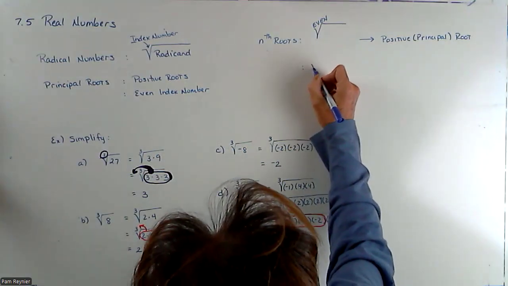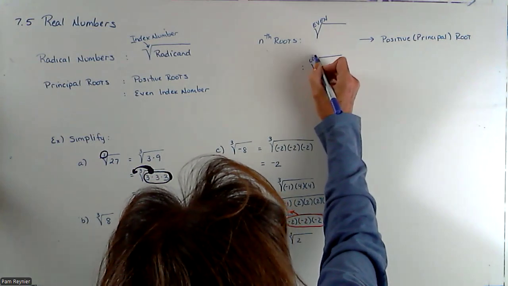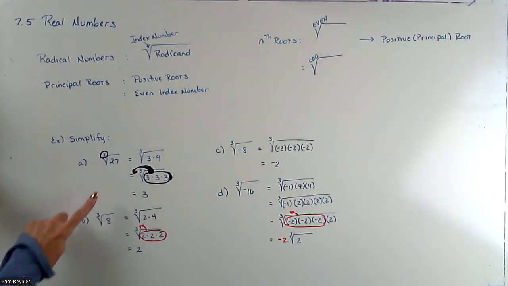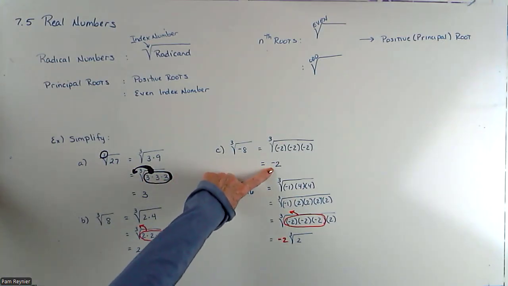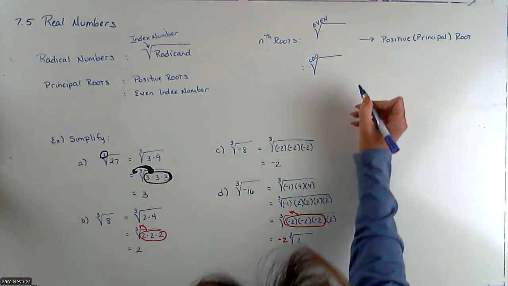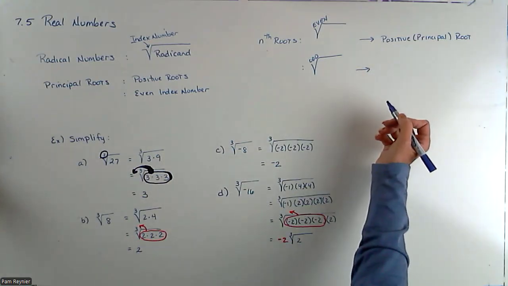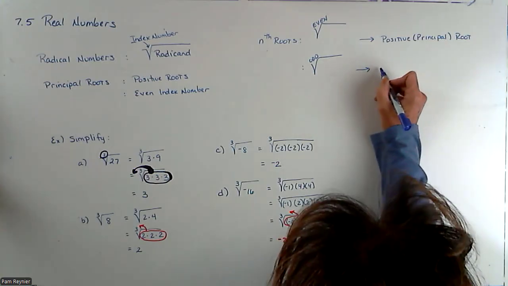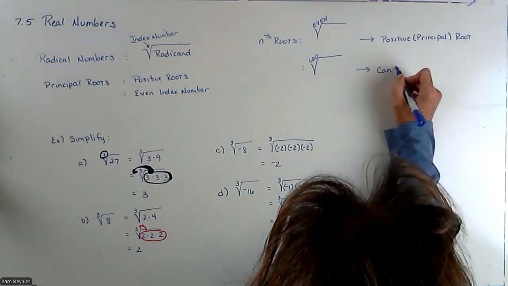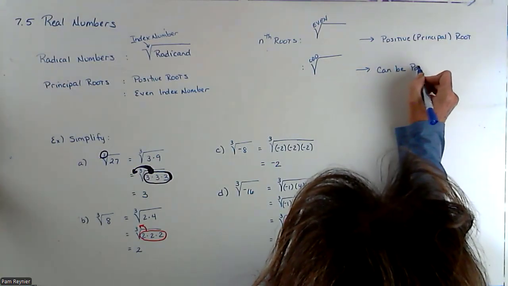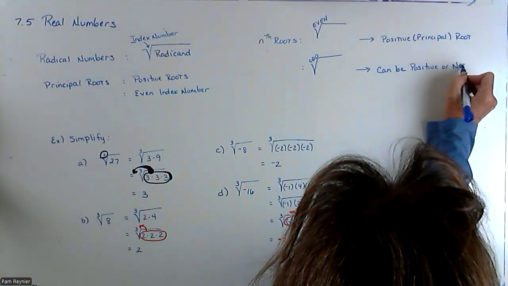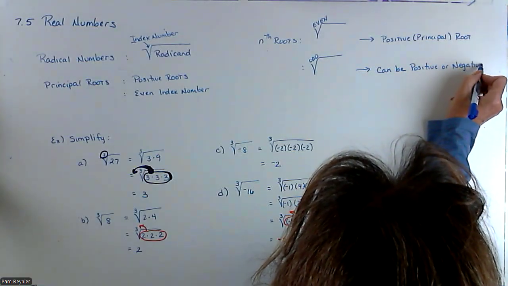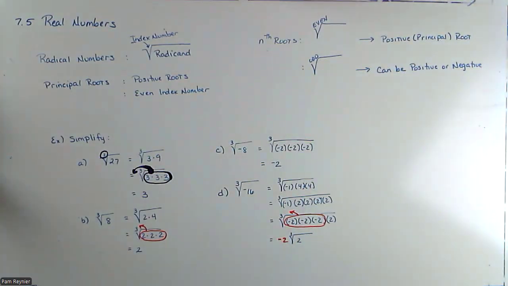If, however, that index number is odd, I can end up with a positive result, but I can also end up with a negative result. So it can be positive or negative. Because remember, an odd number of negatives is still negative.